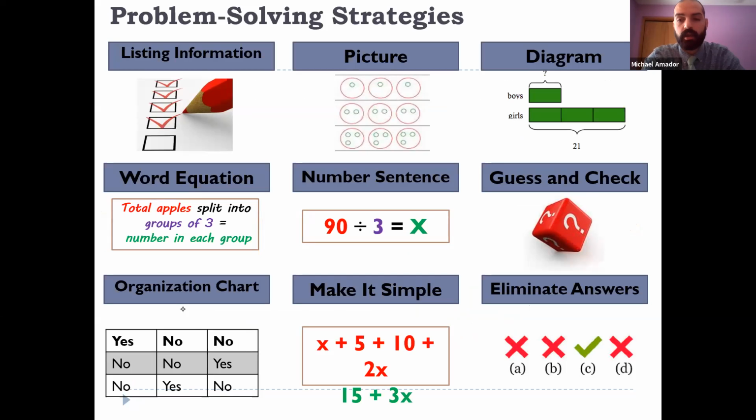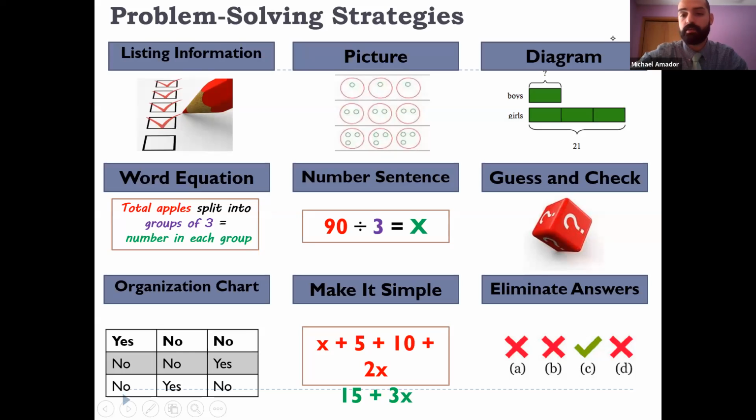Make sure that you really think about what it is you know and what it is you don't know. Don't just look at numbers and say, oh, I need to multiply them together. Because that is one of the main pitfalls that we as very eager mathematicians make when we're trying to do our work very quickly.